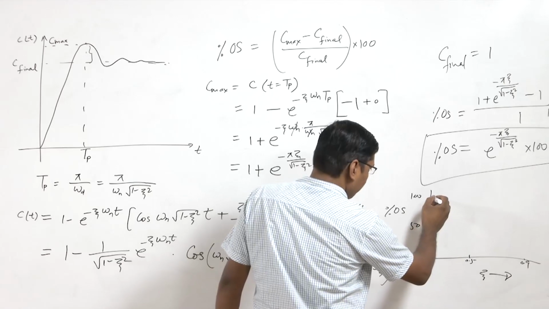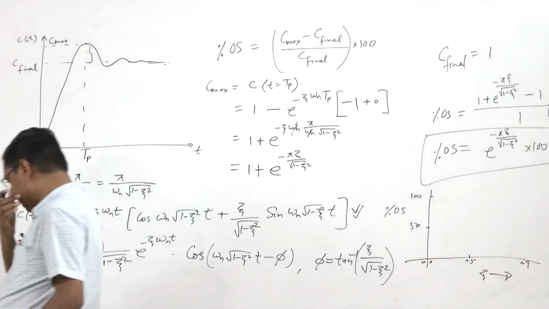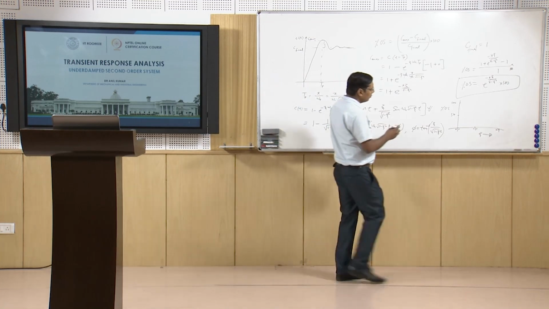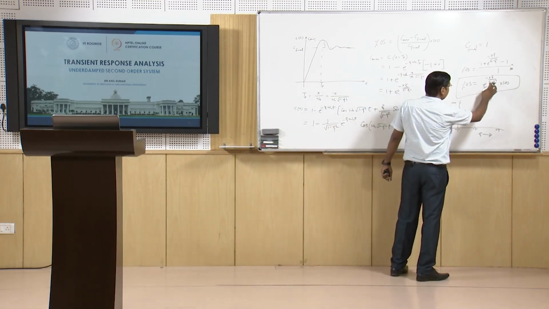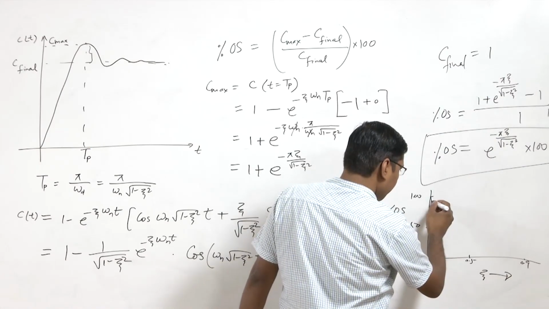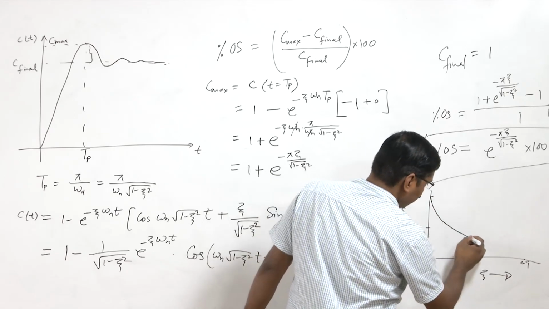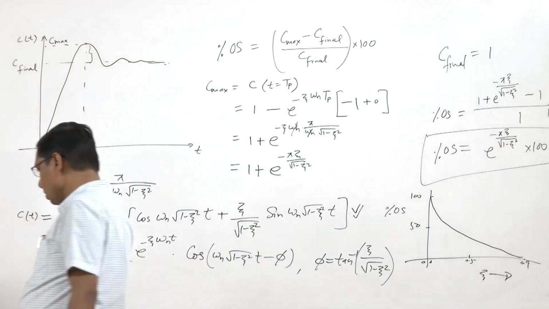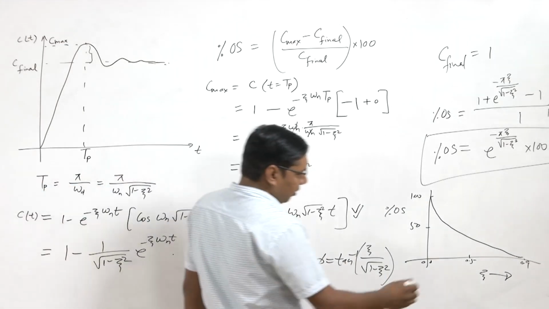So percent overshoot when damping is 0 is 100%, and then it will start decreasing exponentially, negative exponential, and it will meet somewhere here.